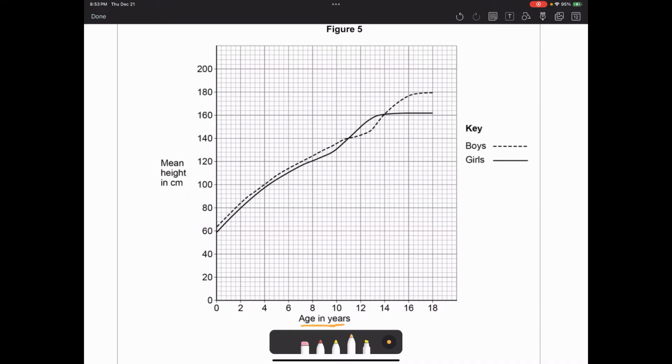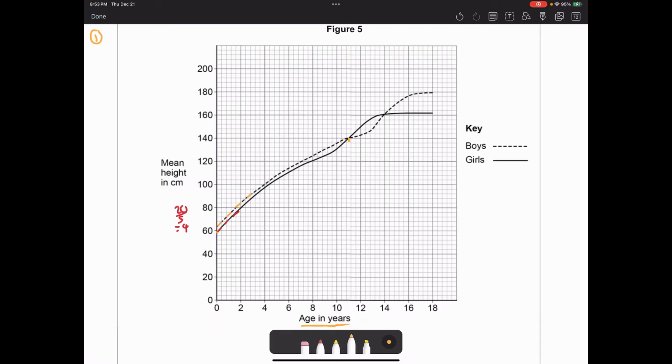So what I would be saying as my first point is from birth up until halfway between 10 and 12, so at age 11, we can see that boys' mean height is slightly higher than girls'. I can work out how much it is, so it's roughly 1 little square higher. So if I work out my scale, it's 20 over 5, which is 4.